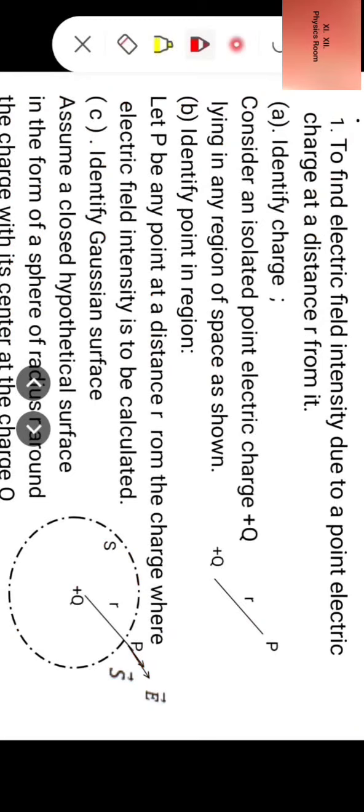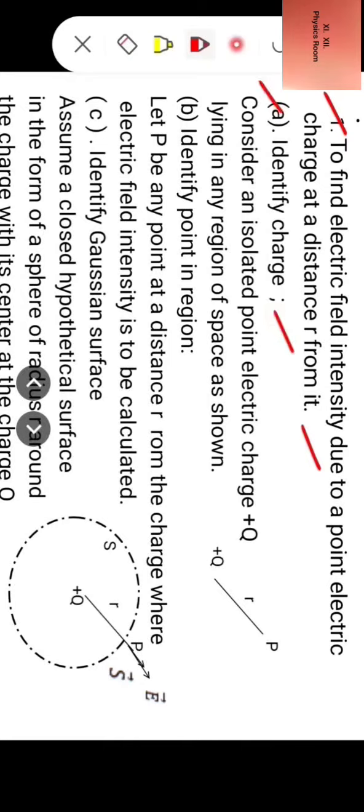Let us take up the first application of Gauss law, to find electric field intensity due to a point electric charge at a distance r from it. And we are to follow the 7 steps as mentioned earlier to find the expression for electric field intensity. A. Identify charge.